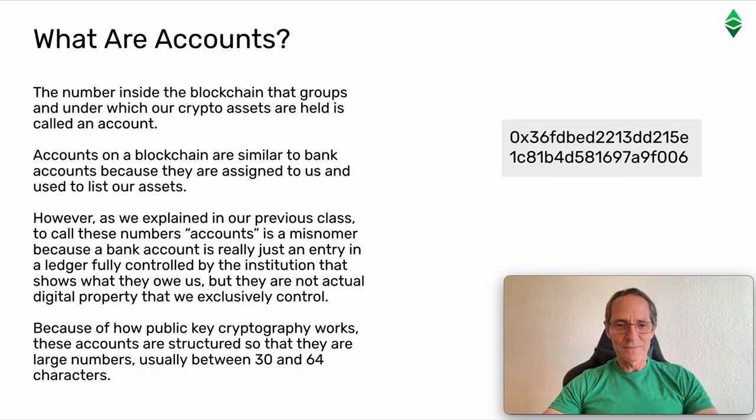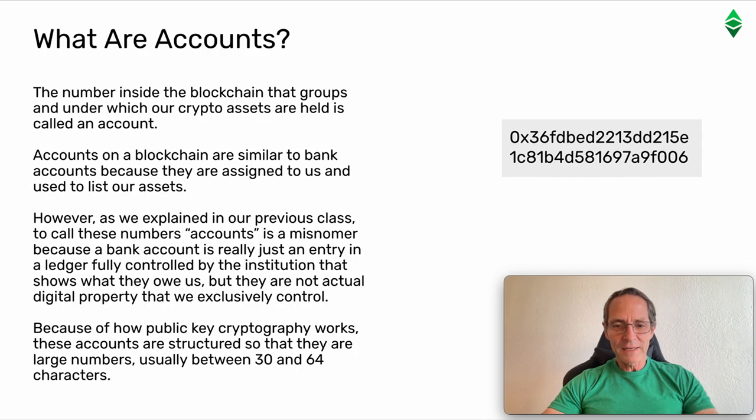What are accounts? The number inside the blockchain under which our crypto assets are grouped and held is called an account. Accounts on a blockchain are similar to bank accounts because they are assigned to us and used to list our assets.